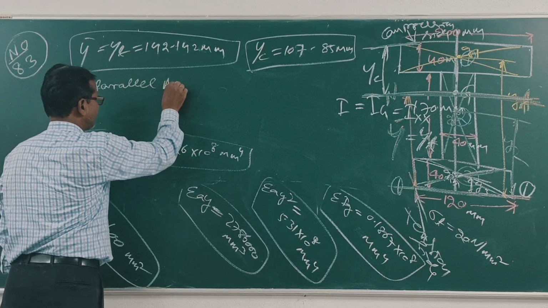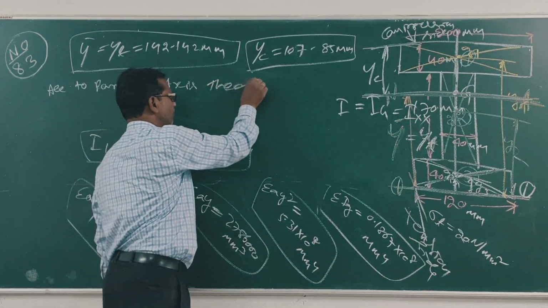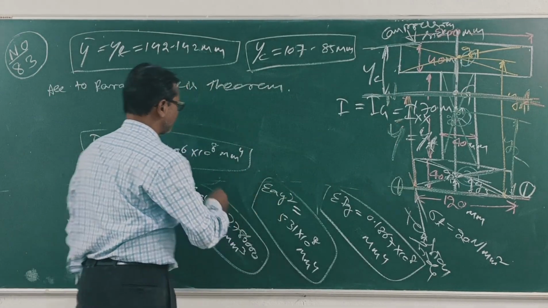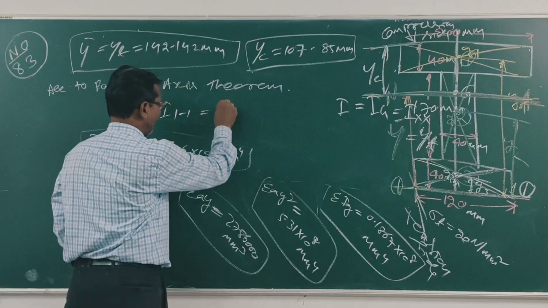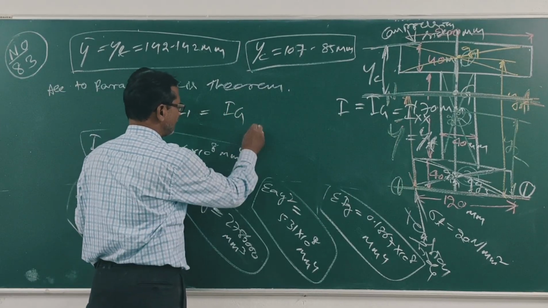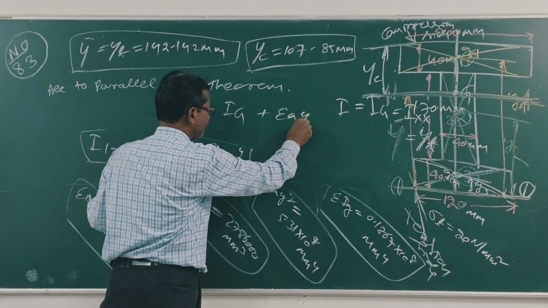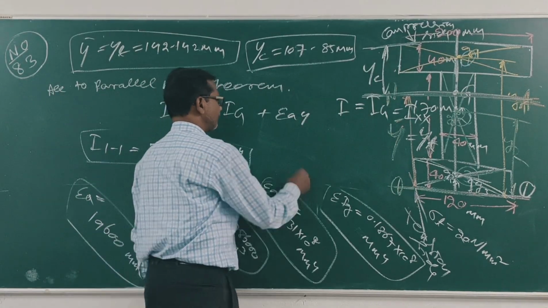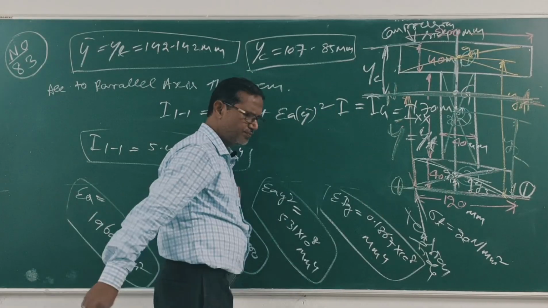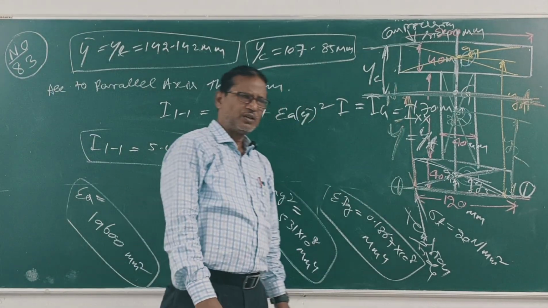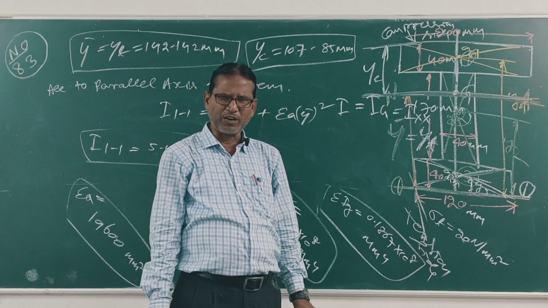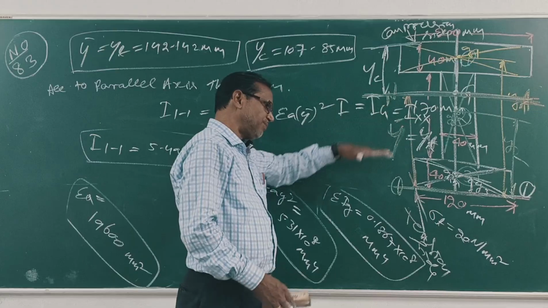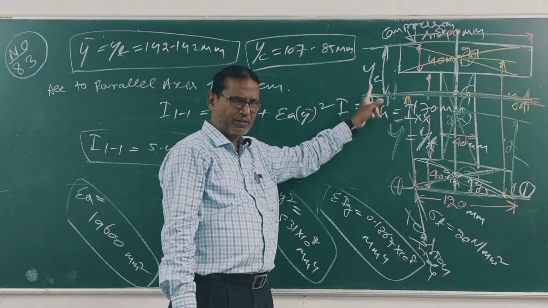What is the parallel axis theorem? The moment of inertia about any axis I11 is Ig or Ixx plus sigma A y bar square. Clear? Total area and the product of the total area and the square of the distance between two axes. This is Ig, this is 1 1, this is y bar. Right?